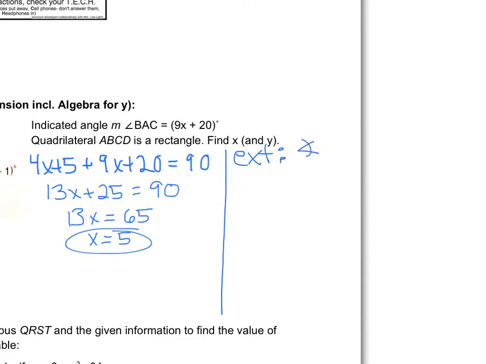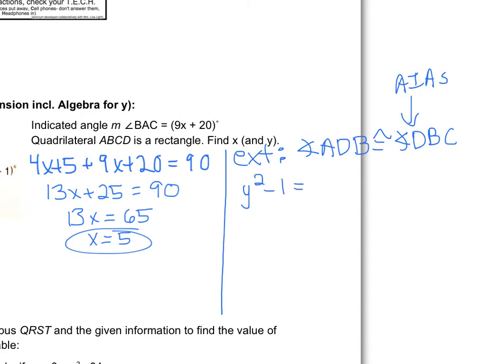So yeah, we know that angle ADB has to be congruent to angle DBC, and the reason being is that those are alternate interior angles. So if I set up the equation, it's actually going to be a quadratic equation, which is why this is an extension here. y squared minus 1 equals 4y plus 4.